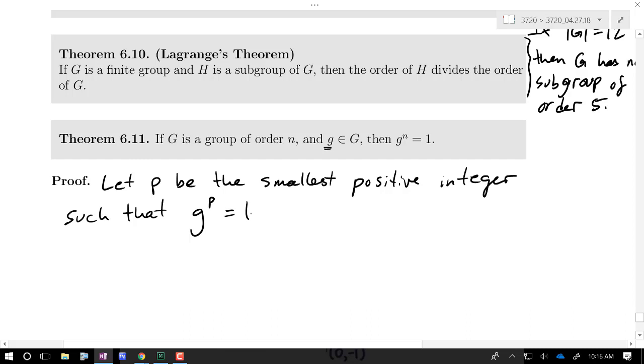And we're going to generate a subgroup of G using the element little g. We're just going to generate that cyclic subgroup. So let's let H be that subgroup that we generate with the element g.